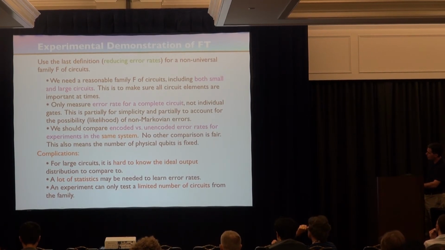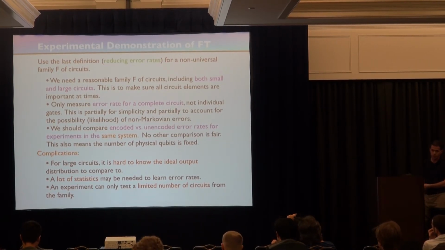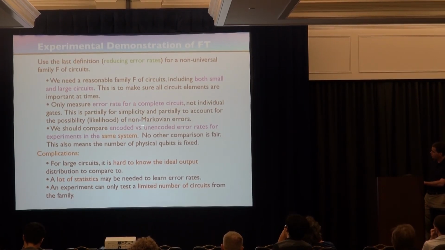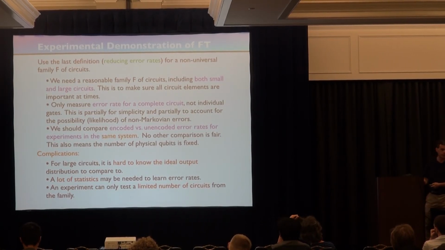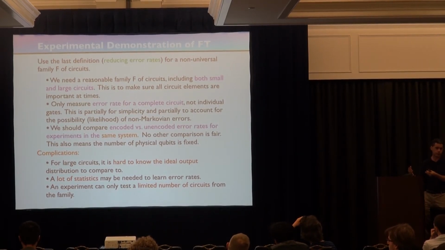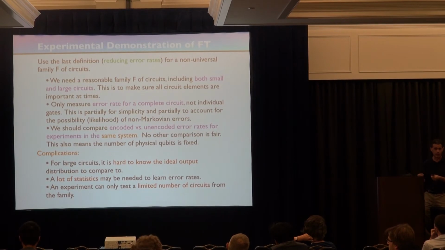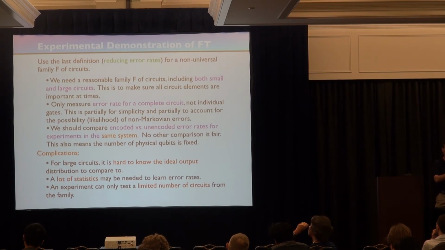And then the last thing that's really important, and part of the reason for that previous comment about a qubit in an oscillator, is you need to compare the encoded and unencoded error rates in the same system. So for your logical qubits, you may have 2 logical qubits and 4 physical qubits, or 5 physical qubits. But you shouldn't measure the unencoded circuits in a separate 2-qubit system, right? Because that's a different system.